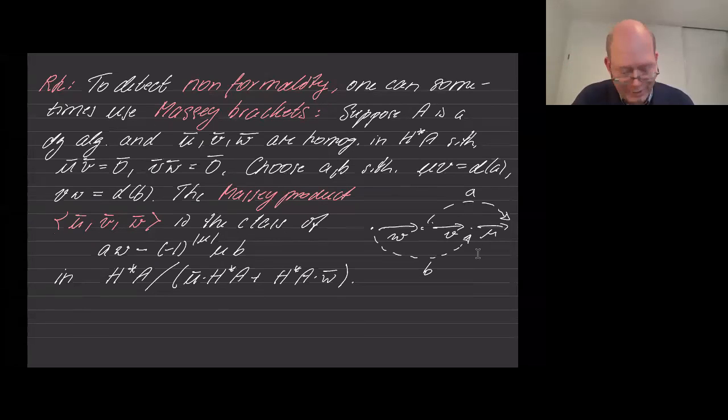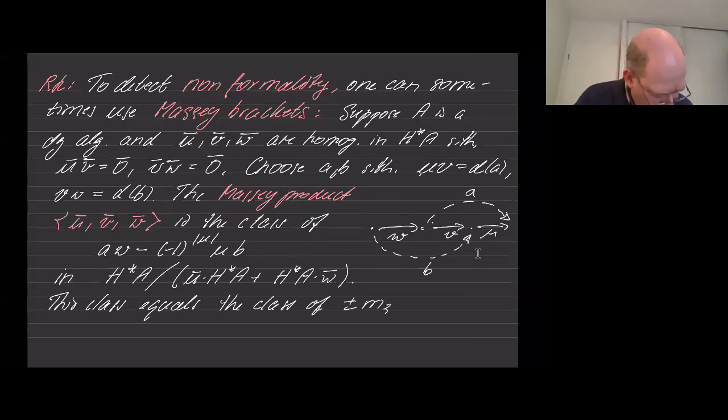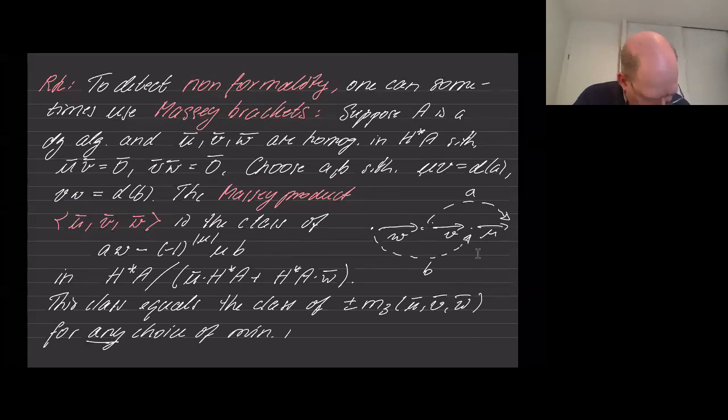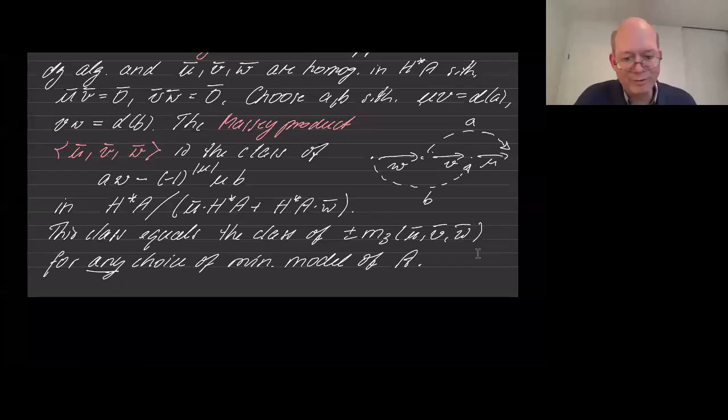Well, the fact is that this class will always equal, at least up to sign, the class of M3 applied to u bar, v bar, and w bar for any choice of minimal model of A. And so if this is non-vanishing, then of course A is non-formal.